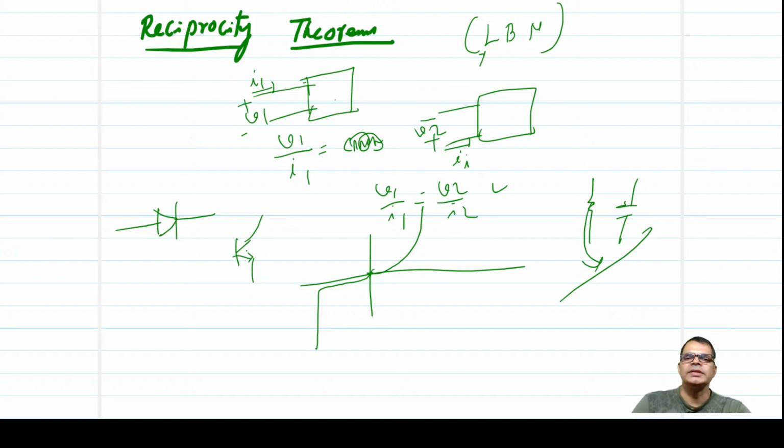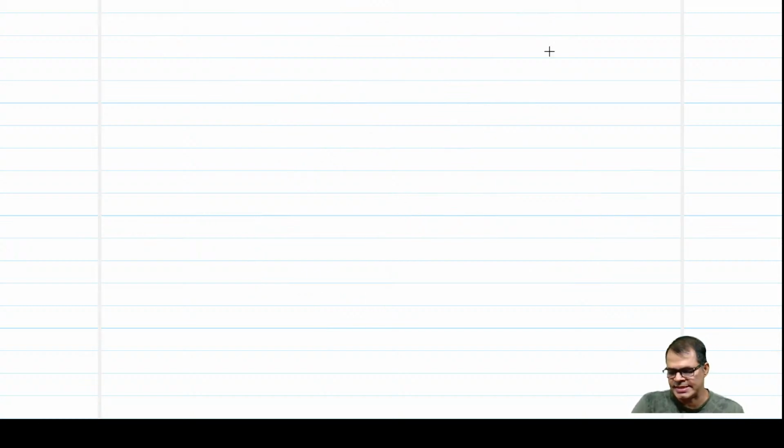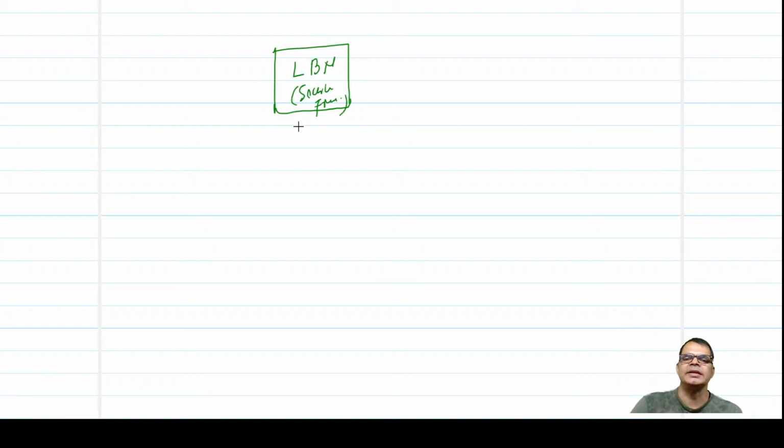So in the reciprocity theorem, what it says, just understand: you have a linear bilateral network, and source free. If it is source free, then it is always a bilateral network. If a source is there, it may be bilateral or non-bilateral. So broadly we are talking about the linear bilateral network.